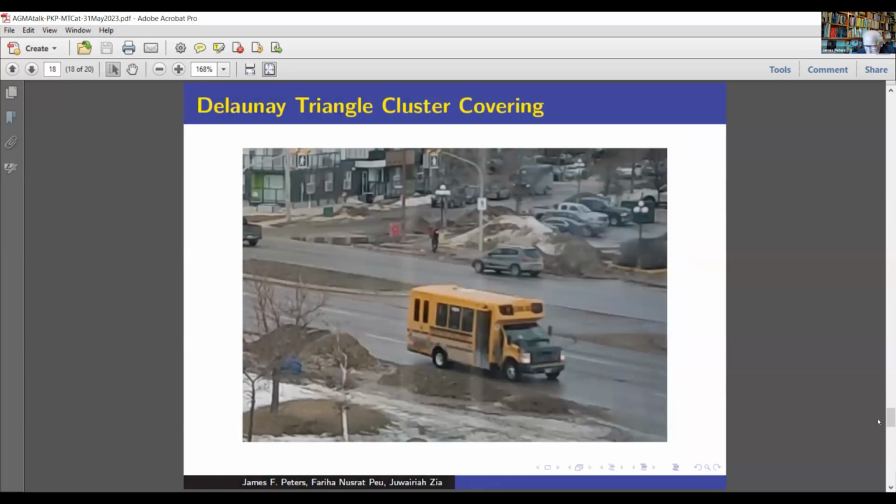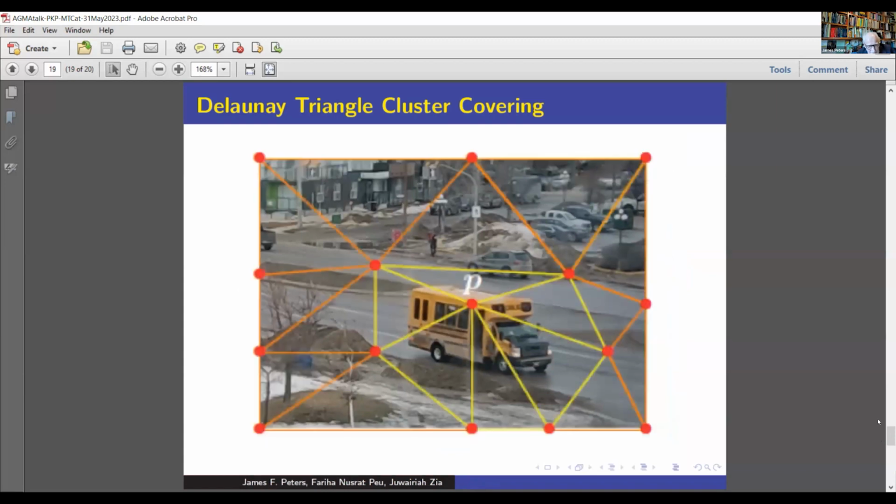This is competing with Professor Ferri Gillies' example, where you have a video frame of a school bus on a winter street in downtown Winnipeg from 2 years ago. And it's triangulation.